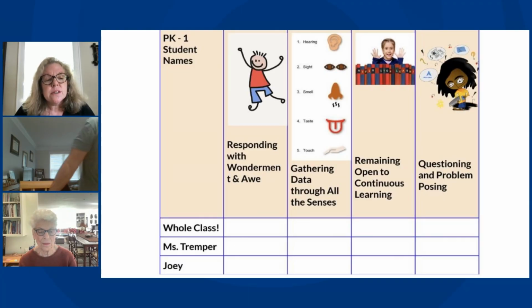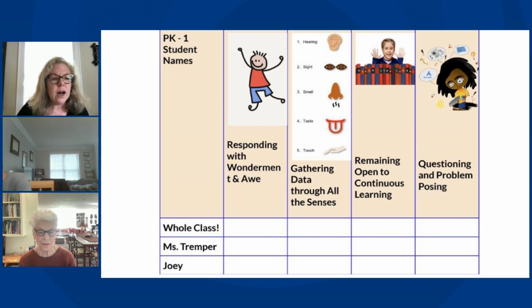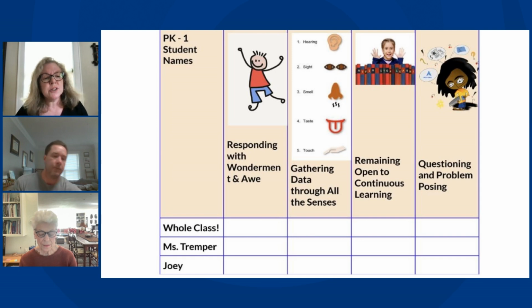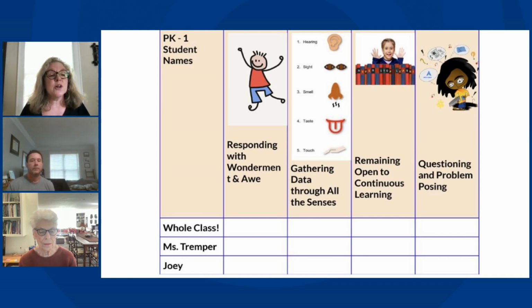One of the things that I did early on in the development of the playbook is to really look at the 16 habits of mind from a developmental point of view. And it really is interesting how the habits of mind can be looked at developmentally. So in the playbook, the first round of habits of mind that are developmentally appropriate for young children are responding with wonderment and awe, which they do naturally, gathering data through all the senses, and kids are very sensory.